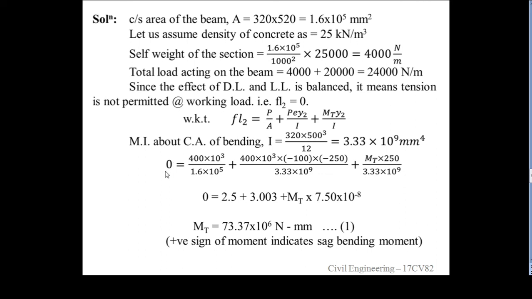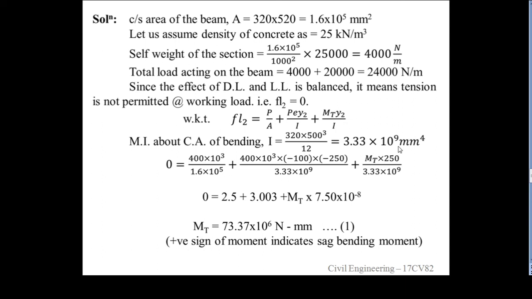Then FL2 is equal to 0, that is 400 into 10 raised to 3 divided by 1.6 into 10 raised to 5, plus 400 into 10 raised to 3 into minus 100 into minus 250, that is Y2. Here also the eccentricity is minus, this is downward, divided by the I value, 3.33 into 10 raised to 9.